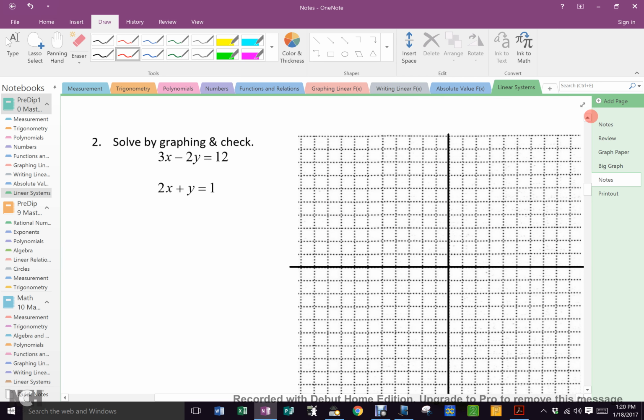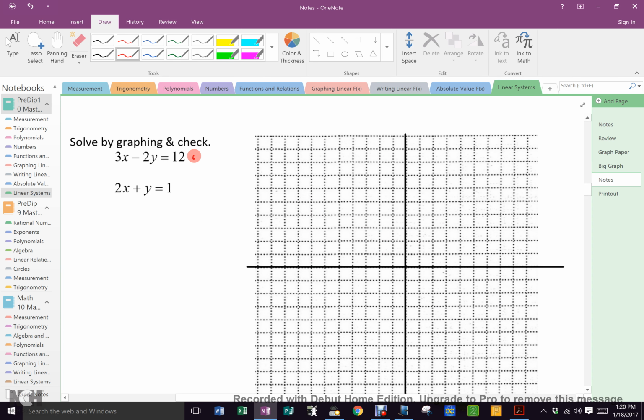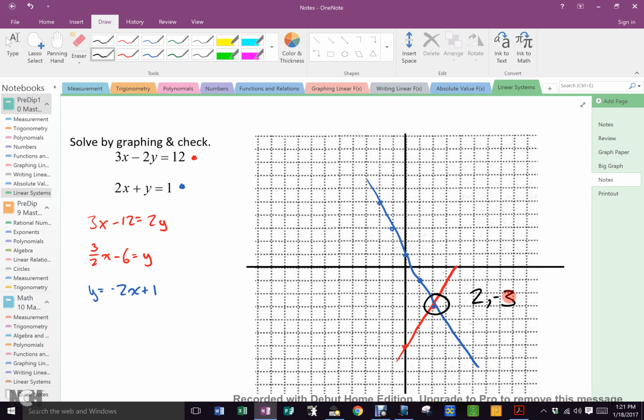So you guys should be able to do the second one all by yourselves, yeah? Yeah? Okay. You guys go ahead. I'll go ahead up here. Red, blue. Is everybody good with graphing?